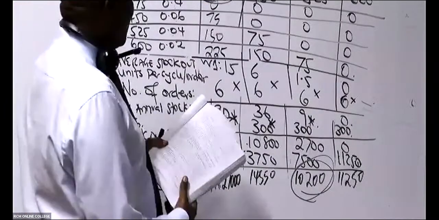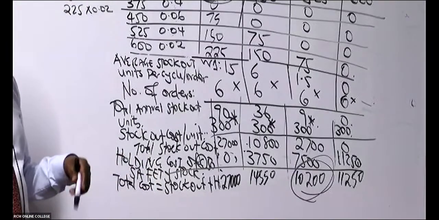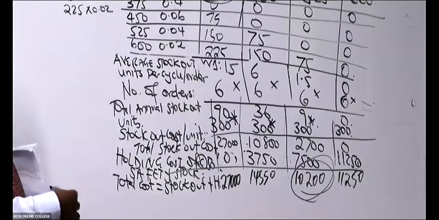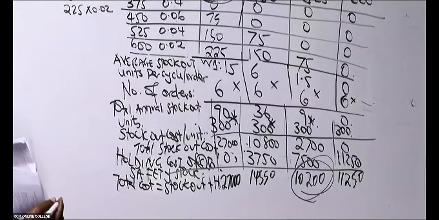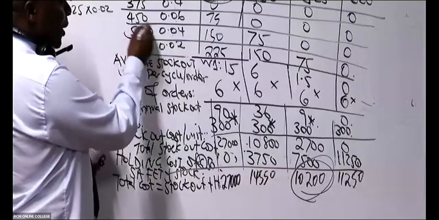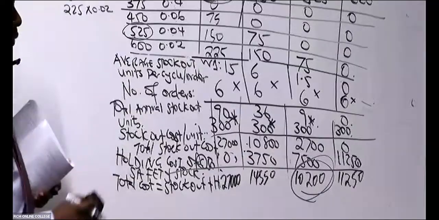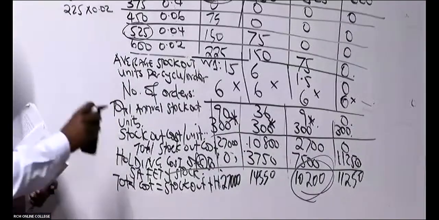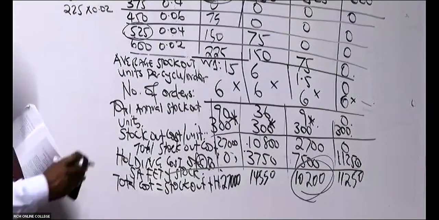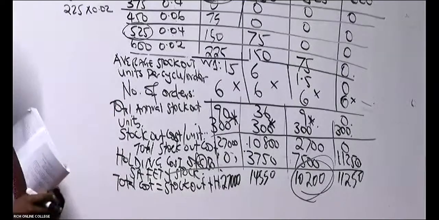The last statement is about the probability of running out of stocks. It's normally the very easiest. Because you see, you have just advised us that we need to stock how many units here, somebody? We need to stock 525. Before I rub this, somebody had requested that we show the bottom of this table. Have they been able to write? I want to rub so that I can explain that probability concept.